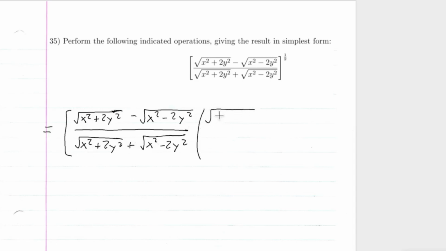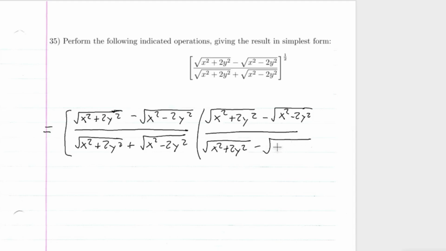So we have to multiply top and bottom by that. So this will be the square root of x squared plus 2y squared minus the square root of x squared minus 2y squared, over the square root of x squared plus 2y squared minus the square root of x squared minus 2y squared. And then, of course, all of this is raised to the 1/2.